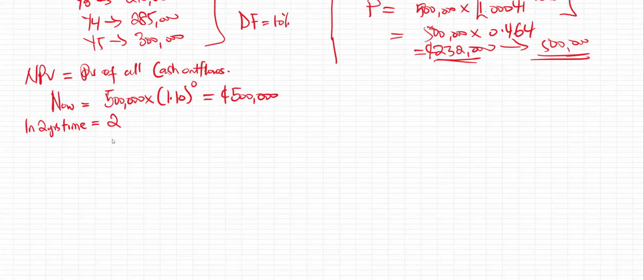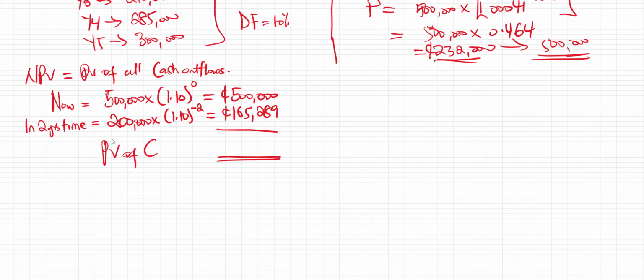So we take this 200,000 and multiply by 1.1 raised to the power minus 2. And that gives us 165,289. Is it clear?